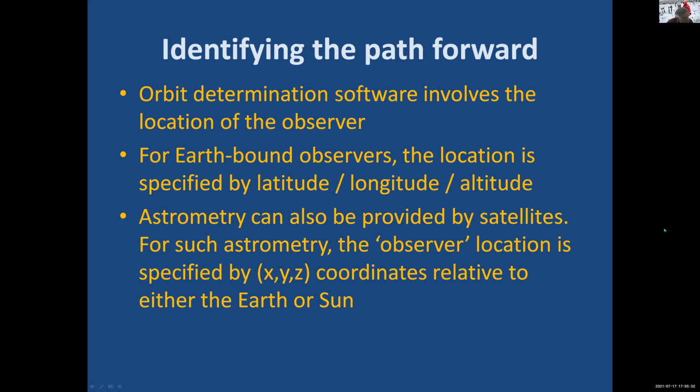When those observations are reported, the observer location is specified as an XYZ coordinate in space, either with the origin at the centre of the Earth or at the centre of the Sun, actually the barycenter probably. And the orbit solution software is set up to handle such observations.